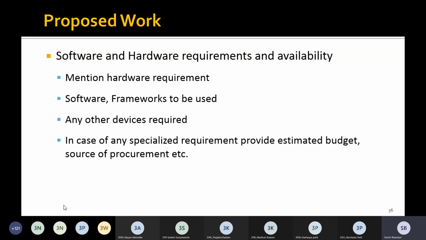That also you can mention here. So in this particular section, you should provide the estimate appropriately, if any. If you need to buy something special to implement your project, you are supposed to write it.